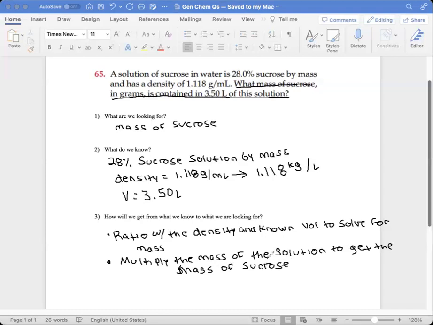And just to get even more specific here, so our first step is we'll use a ratio with the density and the known volume to solve for the mass of the solution. And then we will multiply the mass of the solution by the mass percent of sucrose to get the mass of sucrose.